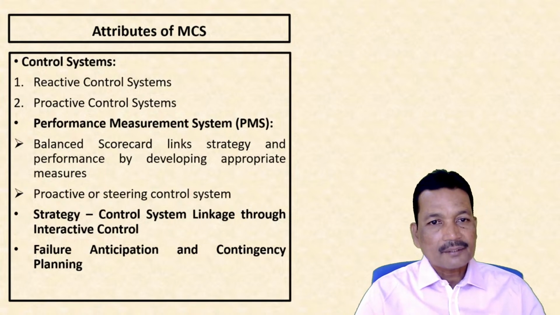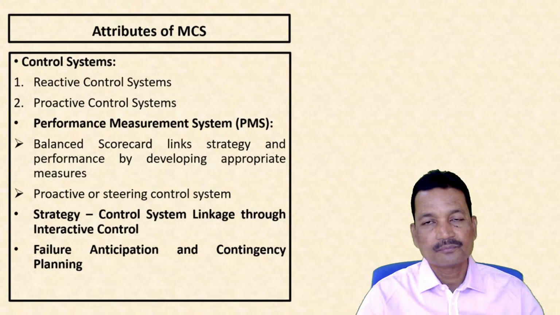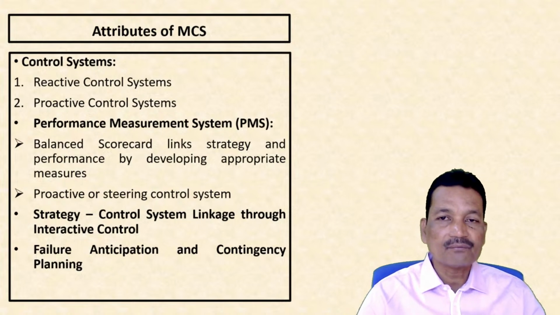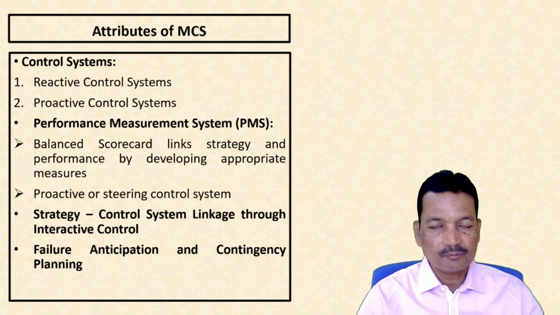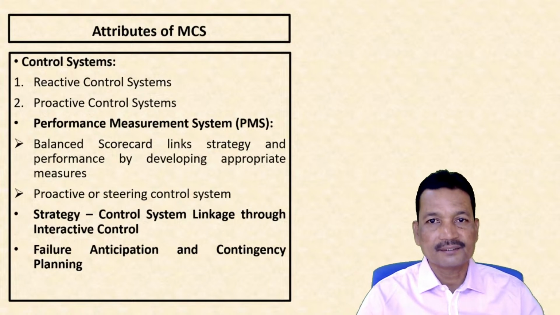Now another attribute of MCS is the strategy control system linkage through interactive control. Now, what is interactive control? When we generate information by the performance measure system, or the performance measuring tools, we try to match it with our strategy.